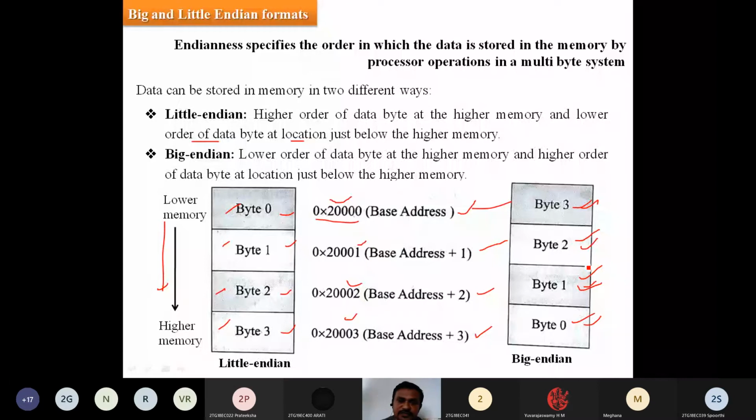Because these things are important in the lab, because you need to play with the memory locations. You need to store the data in the memory, read the data from the memory, and add to the base address. I need to add +3, +4, or +6, or whatever, different concepts in the lab. So you must be thorough in these concepts.